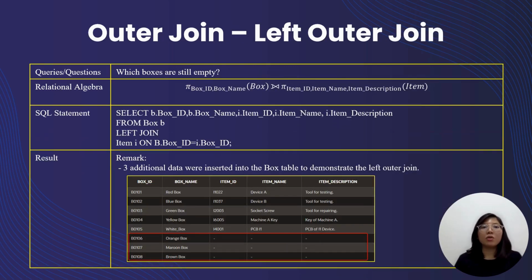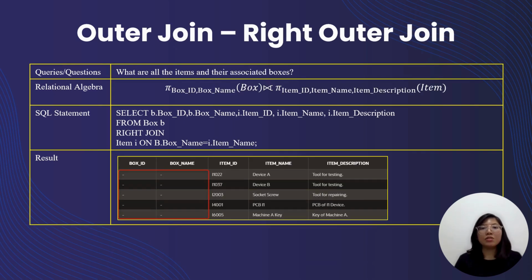For outer join, we started with identifying empty boxes through a left outer join. This allows us to pinpoint which boxes are still empty so we can allocate new items efficiently. Next, we use a right outer join to retrieve all items and their associated boxes, ensuring comprehensive visibility into our inventory.